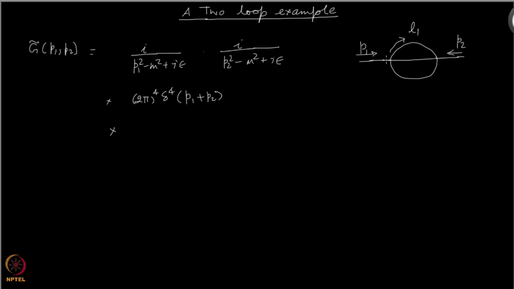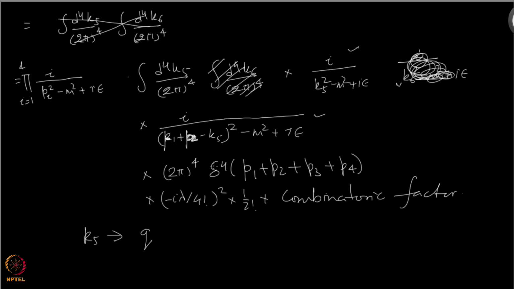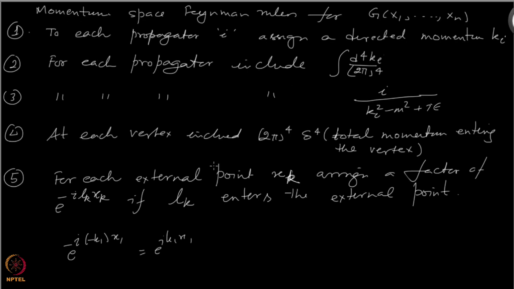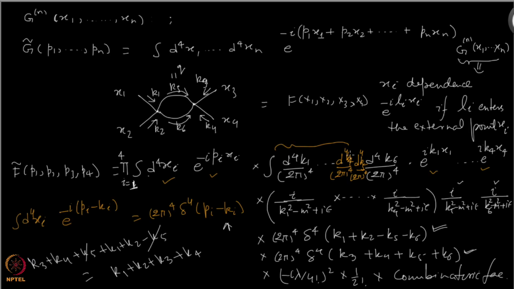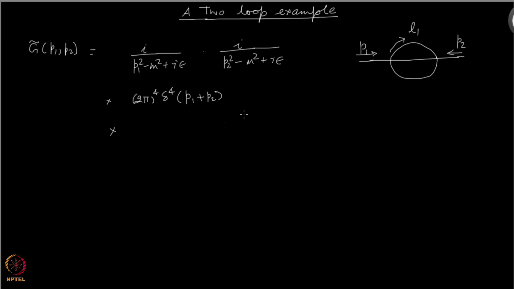Remember, before we arrived at these Feynman rules, we had already seen that at each vertex we should include a delta function which imposes conservation of momentum at that vertex. That is still there, but now we don't write it explicitly; rather, when we do the momentum assignment, we take care of it.